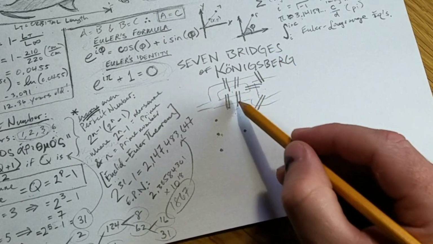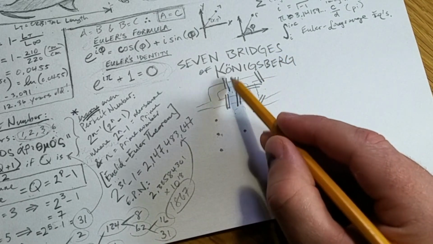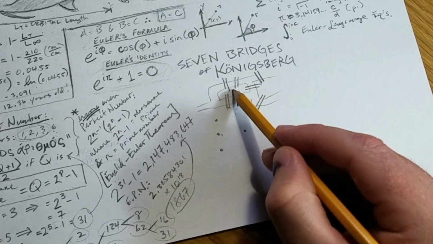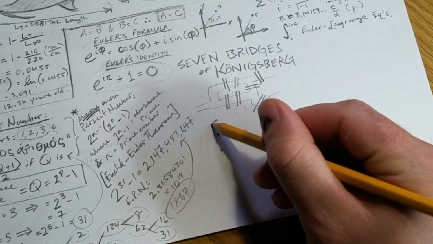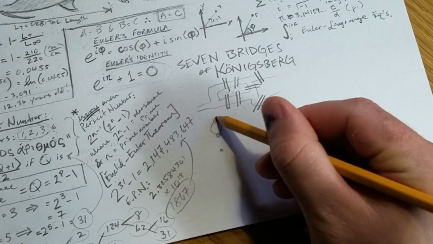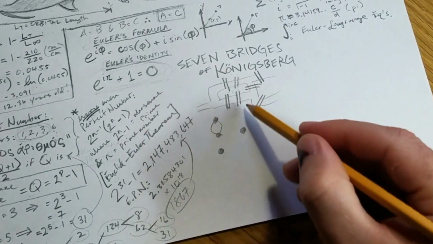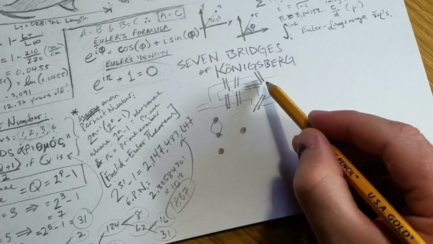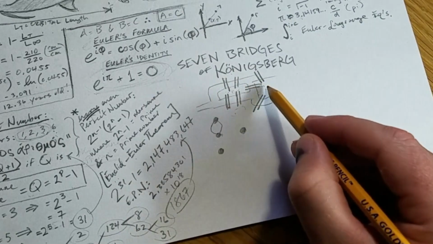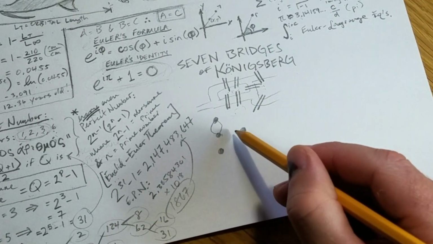So, let's see, this node connects 1, 2, 3. These two bridges connect to the middle. Let's make these more prominent. And then this node over here is connected by the middle, the upper, and the bottom.